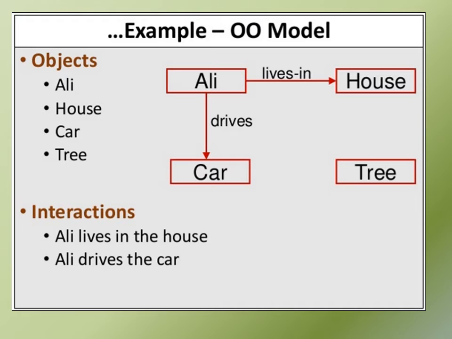Now see, Ali lives in a house. Ali drives the car. Near the house there are different trees. So what is the interaction? Ali lives in the house, Ali drives the car. So these objects can communicate with each other.